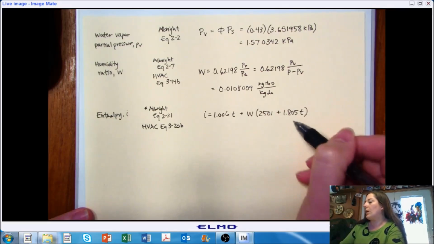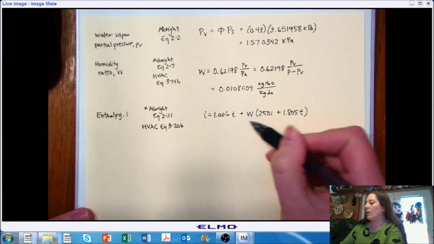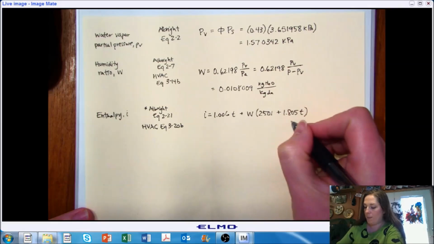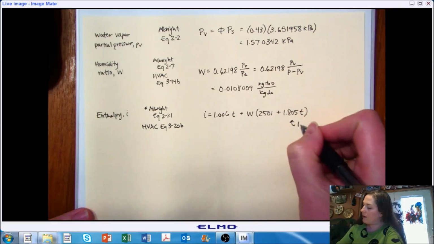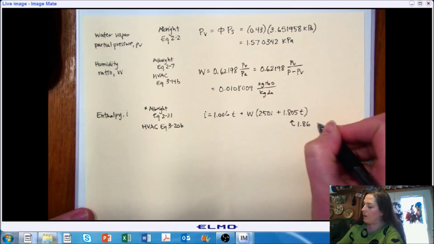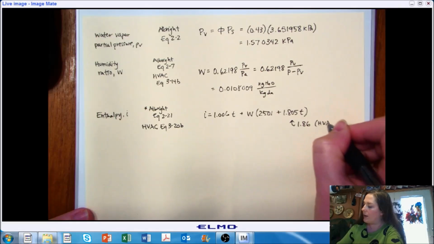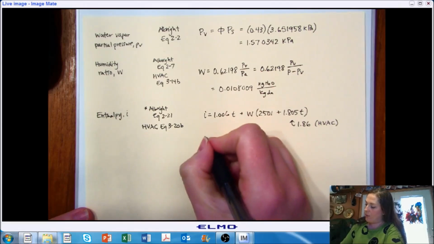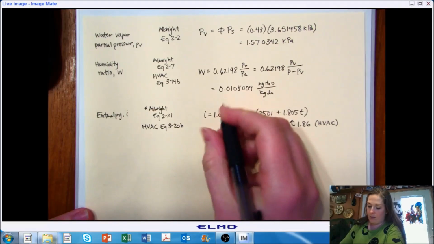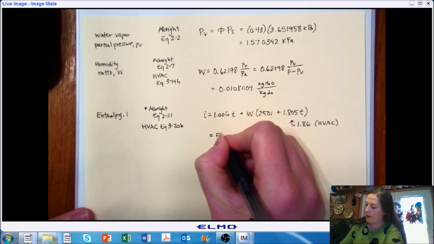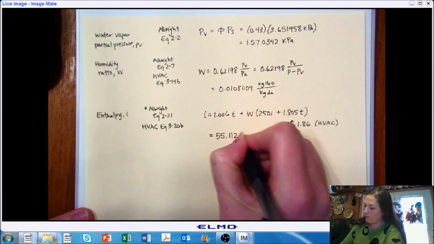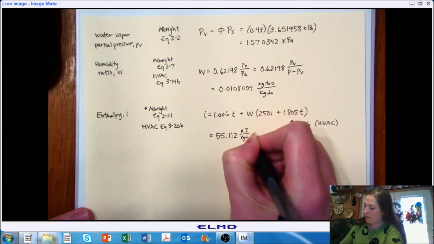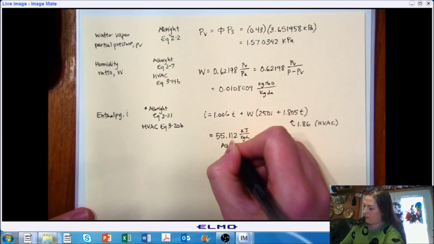In the Albright equations, the coefficient for the dry bulb temperature in this part of the equation is 1.805, and in the HVAC text, that coefficient is 1.86. So if we plug in the numbers and calculate, we end up with a different result, depending on which of those coefficients we use.